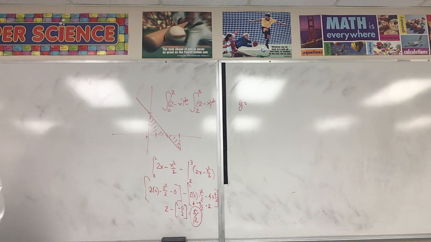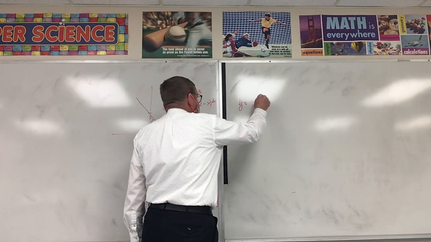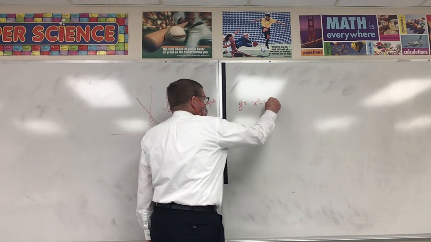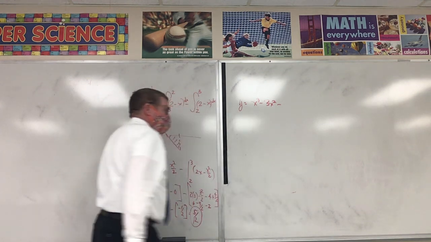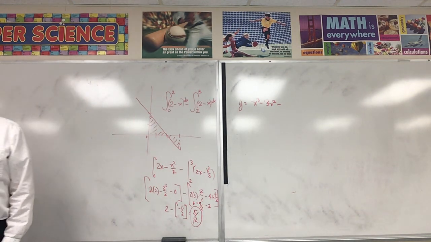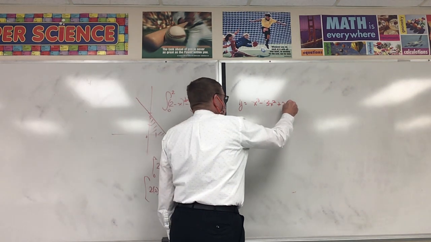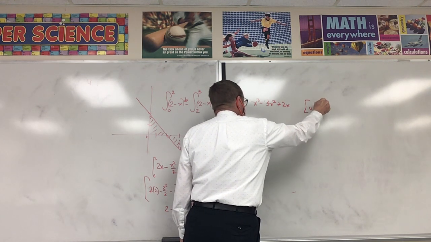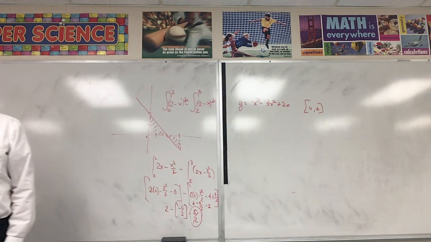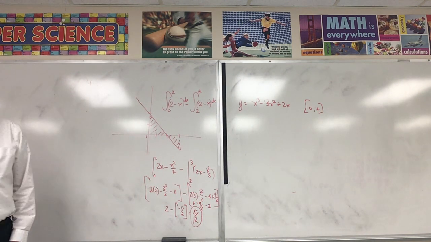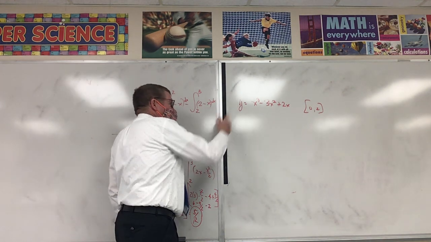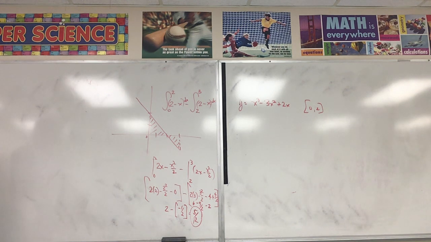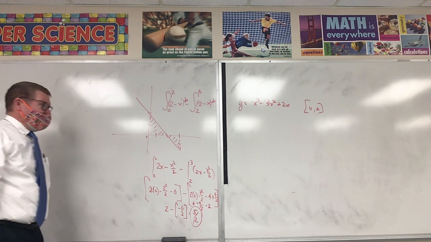Y equals x cubed minus 3x squared plus 2x, and we are between 0 and 2, is that correct? Yes. So we want to graph this to find out whether there is somewhere between 0 and 2 that it is below or above the x-axis.